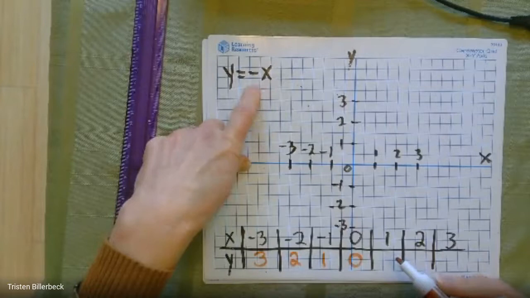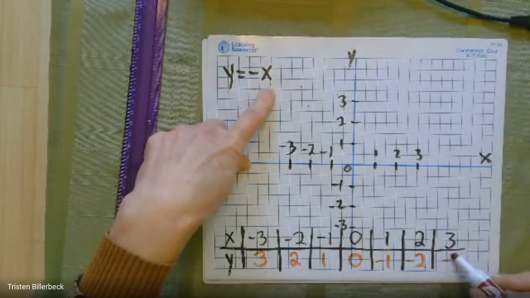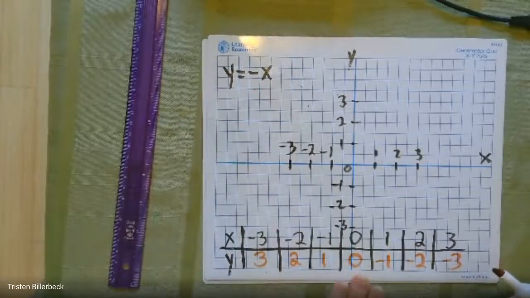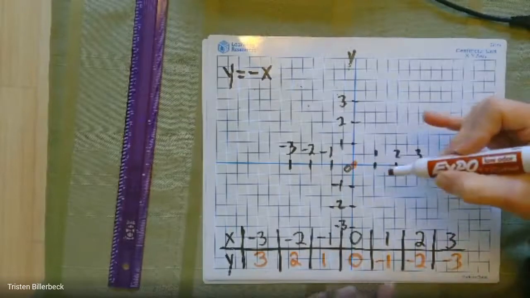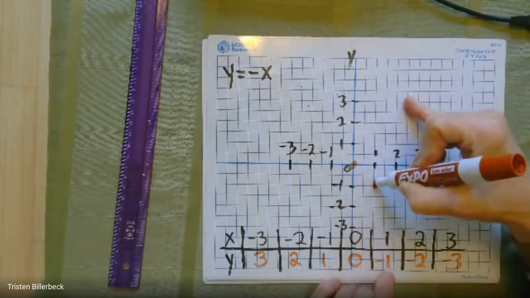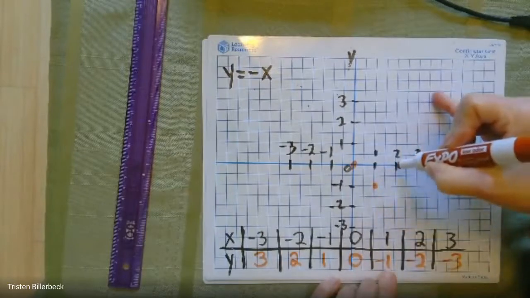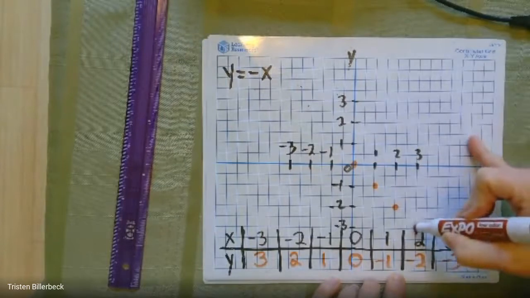And 1 just becomes -1, -2, -3. So let's plot those. We do have the origin again. This time at 1, we're going down to -1 for our output. At 2, we're going to -2. And at 3, we're going down to -3.